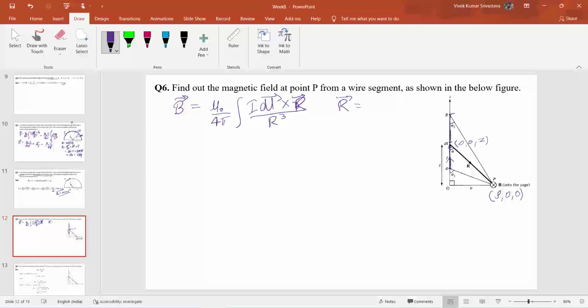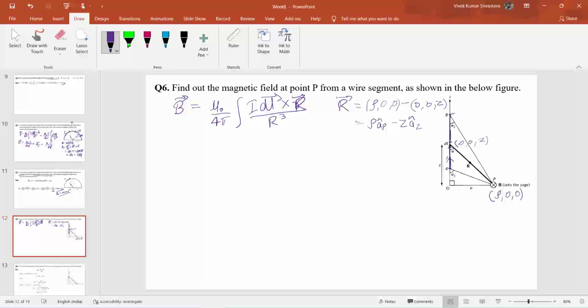So vector r is defined as ρ comma 0 comma 0 minus 0 comma 0 comma z. So this will be equal to ρ aρ minus z az.